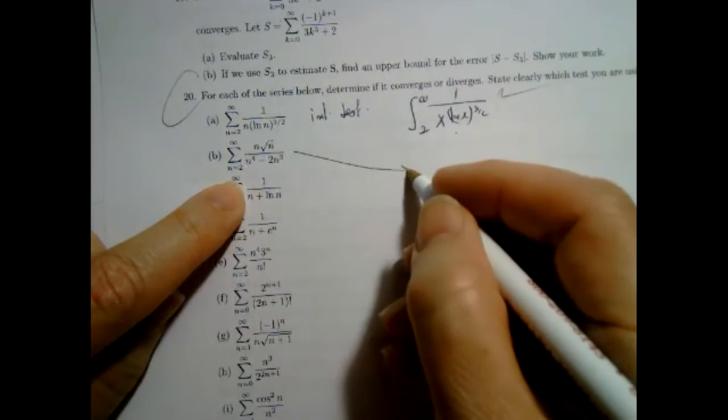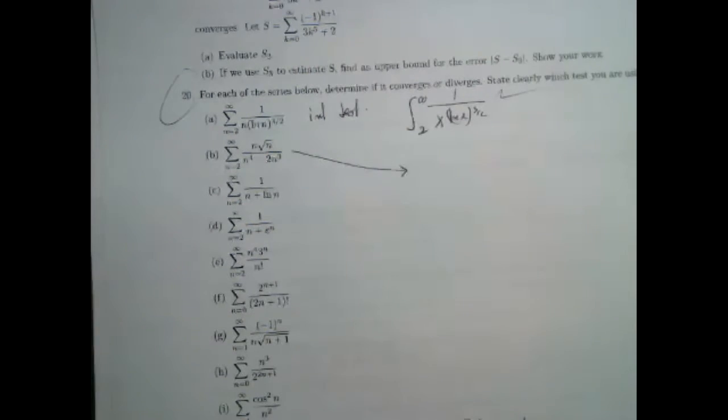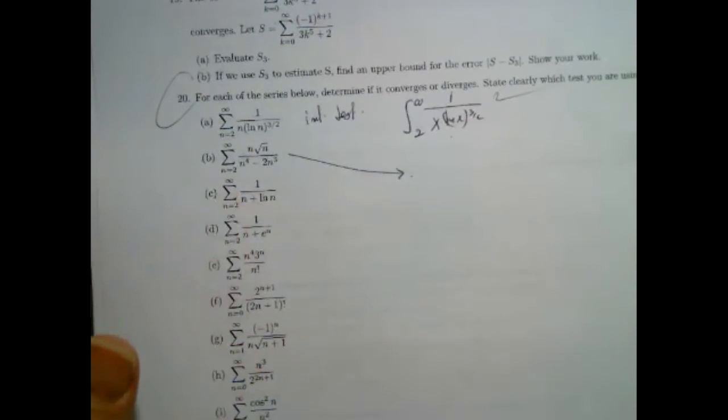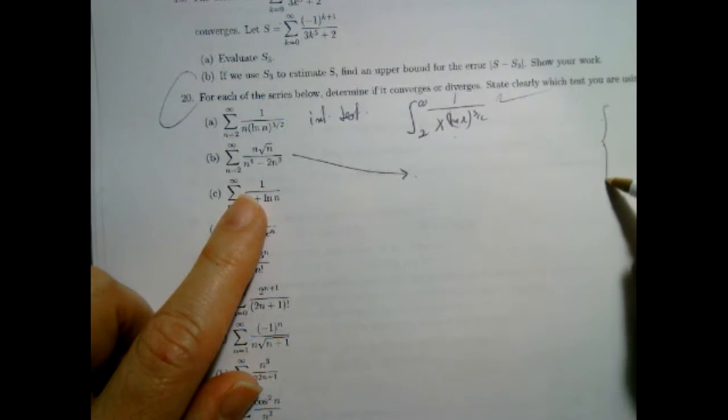Now B. What test do you think is the appropriate test for that? We have integral, limit comparison, ratio test. These are the tests that I want you to use the most. Limit comparison, ratio, and we have the regular comparison.